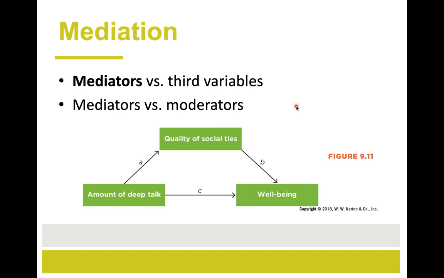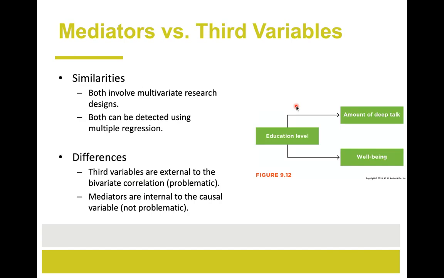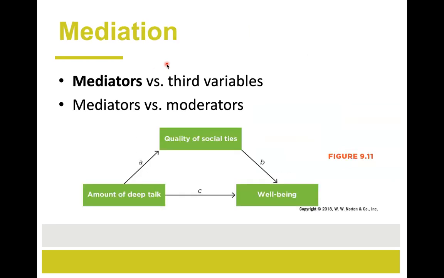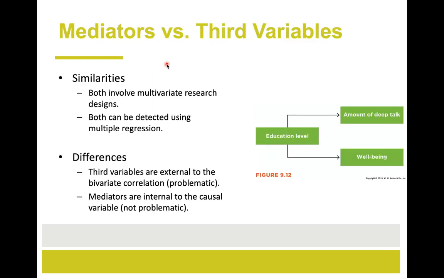So we first want to discuss the difference between a mediator and a third variable. So mediators are variables that are going to explain the relationship between two other variables.